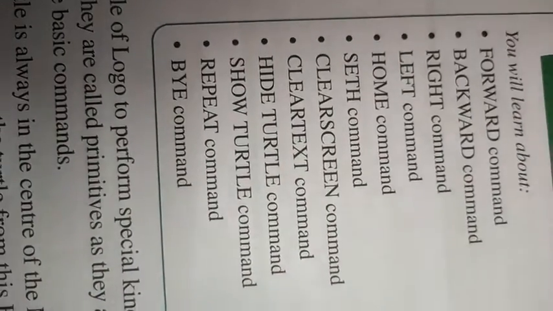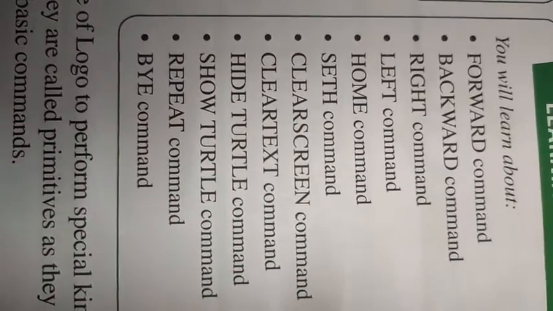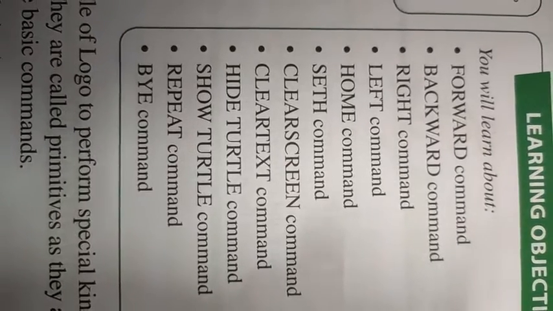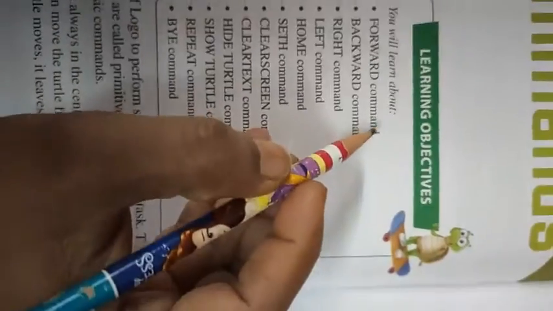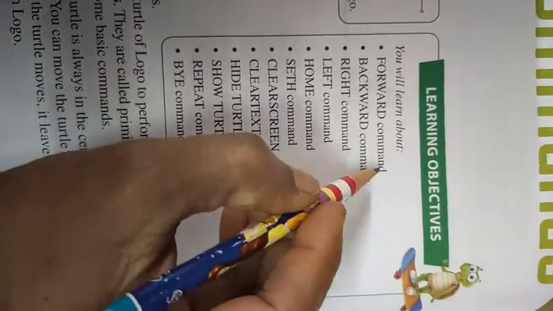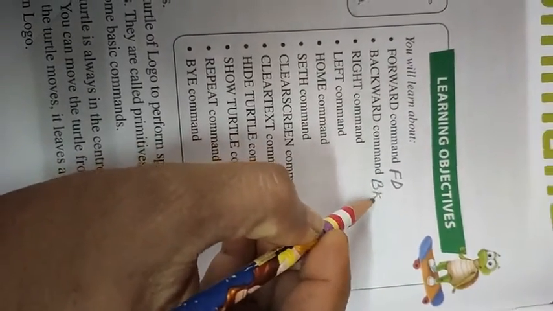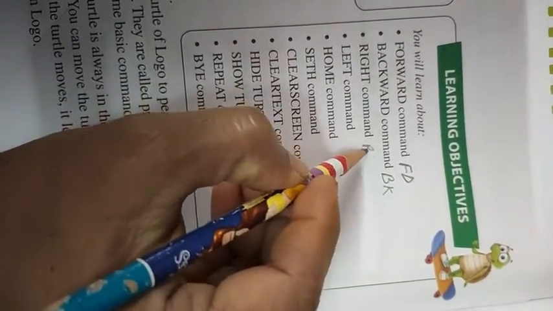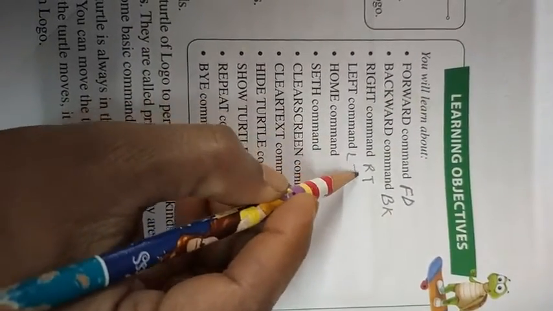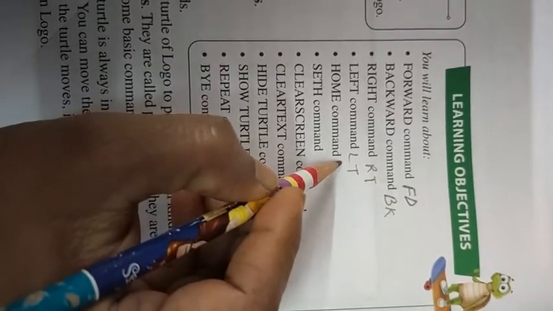So these are the clear pictures, the full forms of the Logo commands. Whenever you see a Logo command, it will be FD, BK for back, RT for right, LT for left.